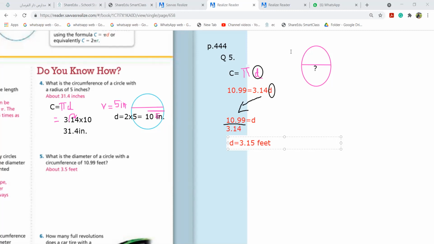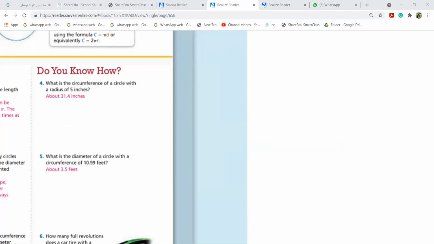I'll clear all the dots. And each one of you will tell me the formula for the circumference. Circumference equals pi d. Yes, Jyoti, what is the circumference of a circle?